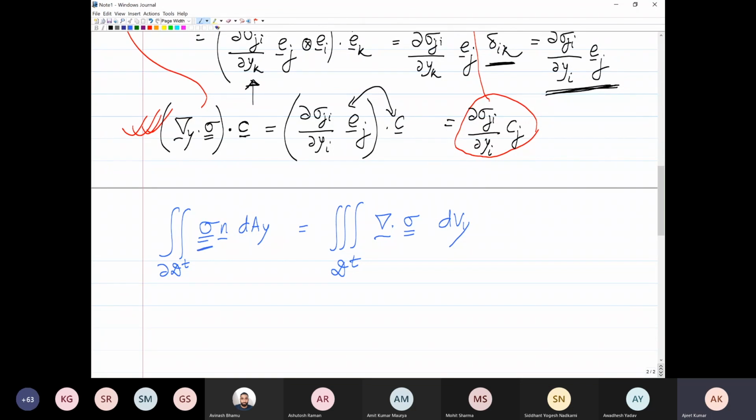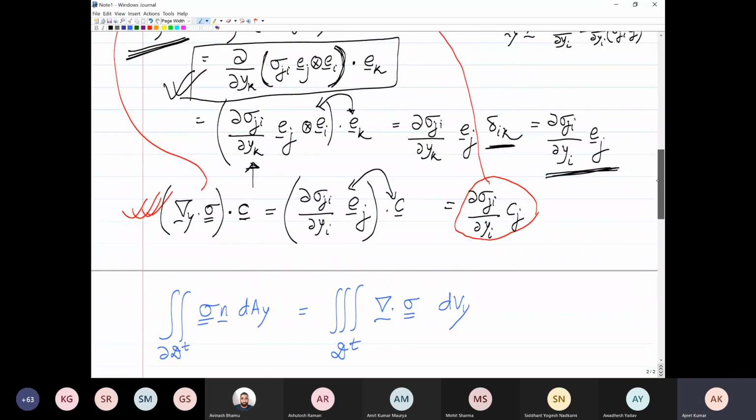Okay, so the final result looks quite similar to what it was for vectors. On the left you have the second order tensor multiplied with the normal, and on the right you have just the divergence of the second order tensor. So doing this exercise was also helpful for us to see how to work with indicial notation and how to get back to tensor form.